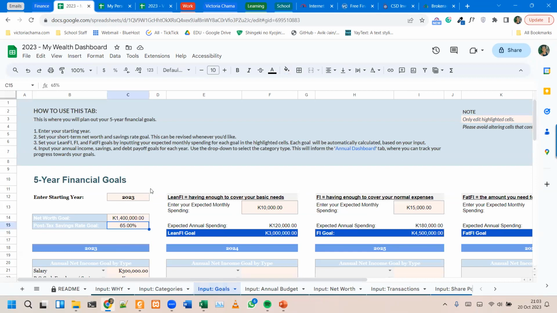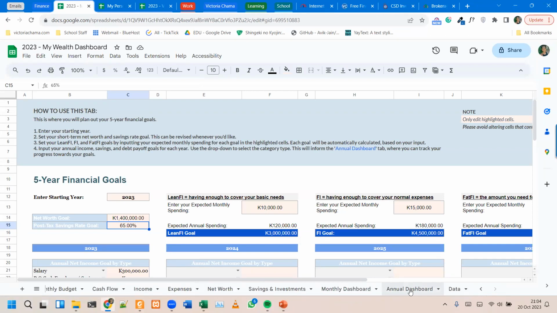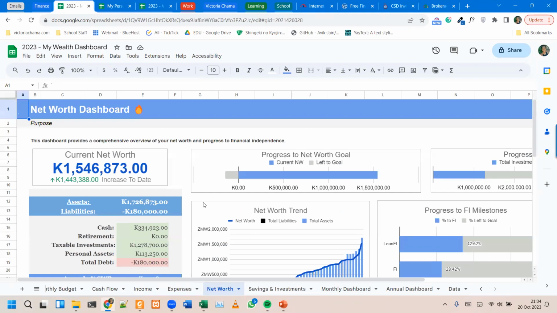So if you look at my worksheet in this one, my target is to get to what number is this? 65 post-tax savings goal every single month. However, the way in which you can visually see this is the following.